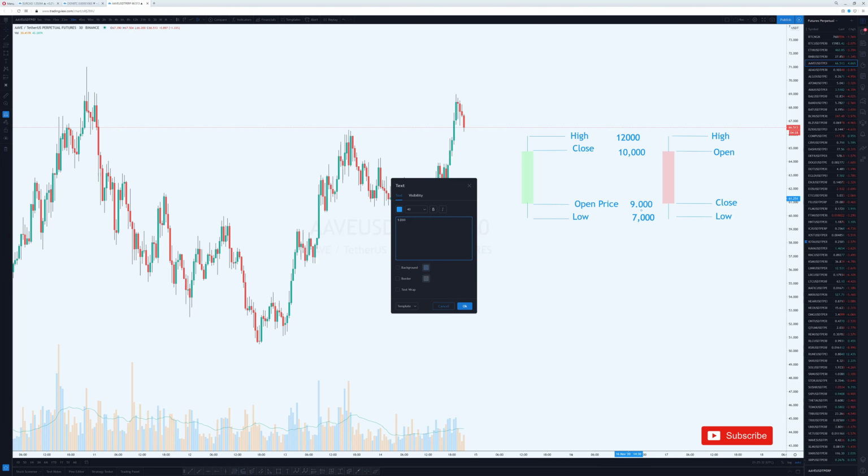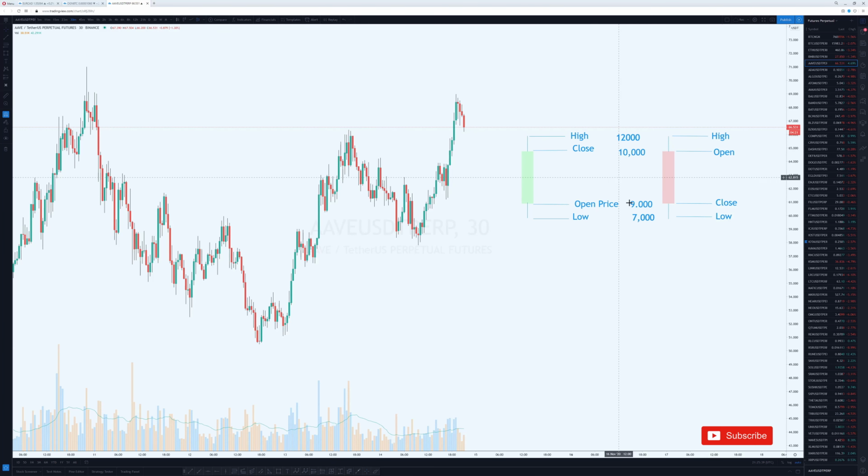I'm talking about this red representation now. But for some markets the price will increase. Like the price will increase, this will then be the open price.